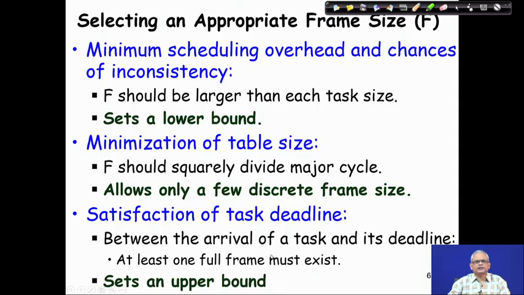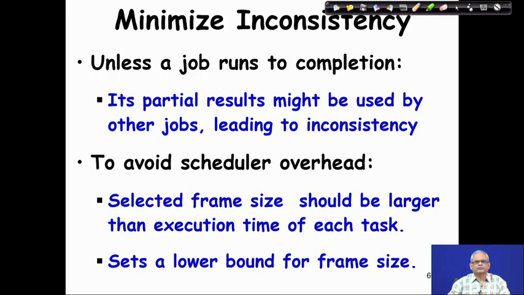So, we must have at least one clear frame between a task's starting and its deadline. A corollary of this third condition is that the frame size has to be less than every task period. So, this sets an upper bound for the frame size. So, a frame size must be less than every task period. We will get more explanation on this as we proceed.